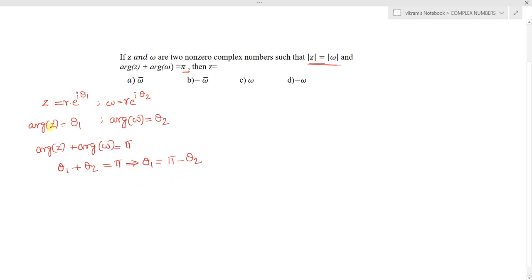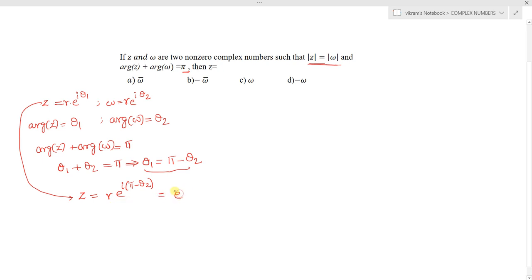Now consider z, because we need to represent z. So z equals r into e power i theta 1. Now replace theta 1 with pi minus theta 2: r into e power i times (pi minus theta 2).